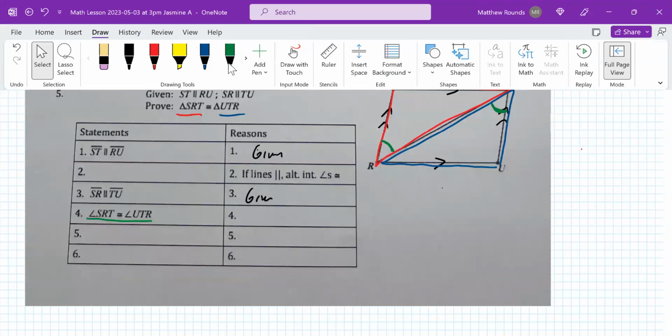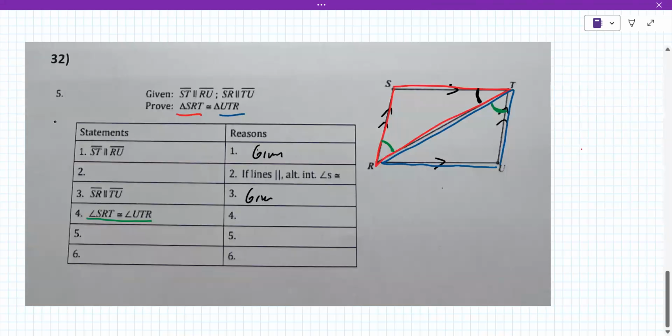So we're trying to show that this angle right here, angle STR, is congruent to angle TRS.